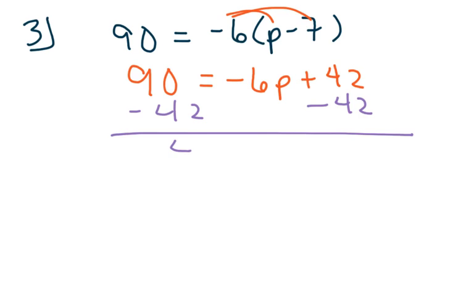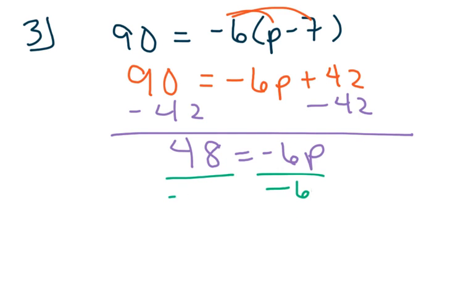So we're going to get 48 equals negative 6p. So p, and divide both sides by negative 6. I was going to do that one in my head. But you divide both sides by negative 6, and you get p equals negative 8. So our solution set is negative 8.